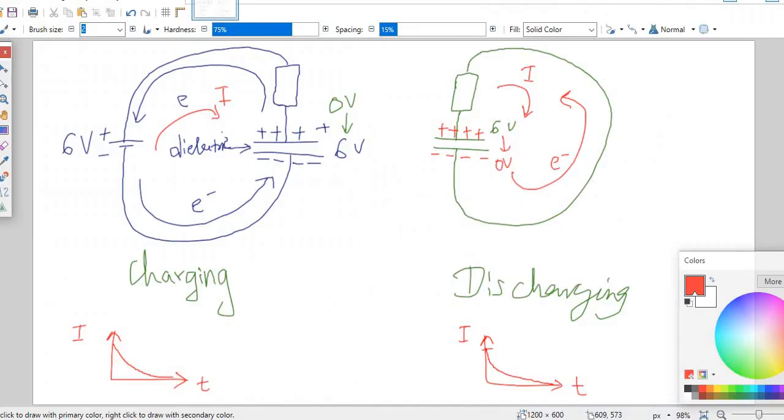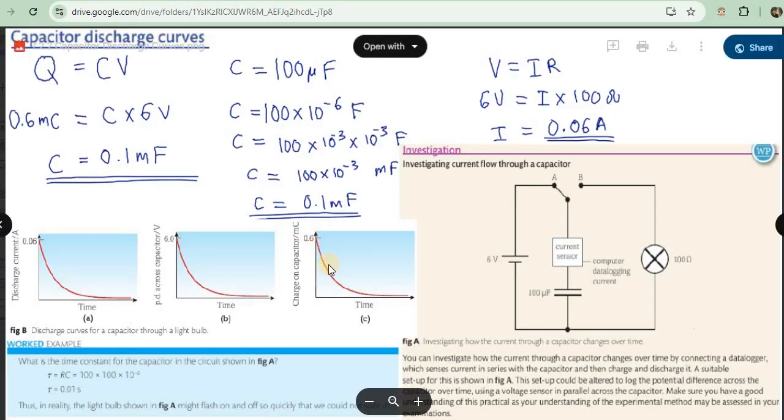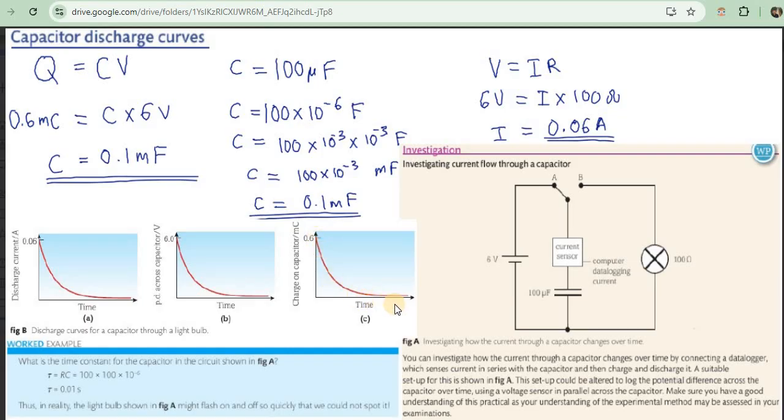We can say the same thing applies for this also. Charge on capacitor, with time the flow of charge becomes lesser and lesser, so the charge on the capacitor decreases, but again at a decreasing rate.